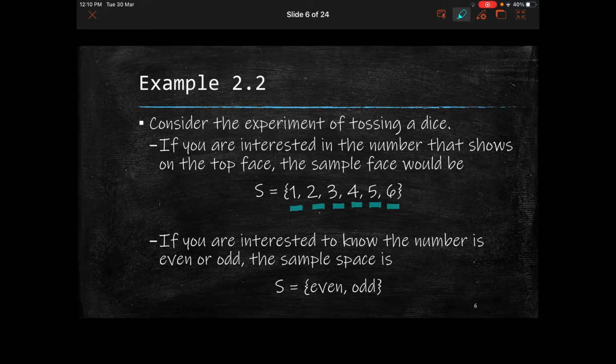That's what we mean by what is a likely or unlikely outcome. This is an example of listing all the elements of a sample space. Secondly, if you're interested to see the even or odd number on the top face, the sample space is even and odd. Here is the description of the properties held by the members.